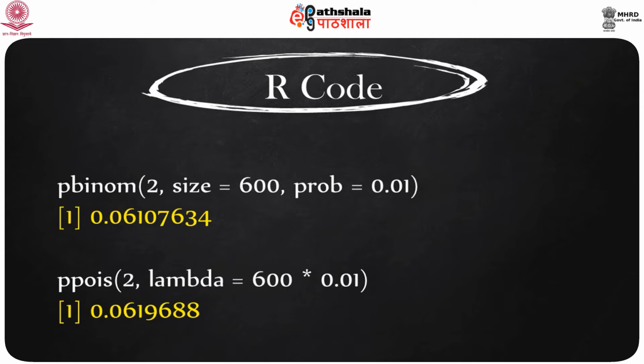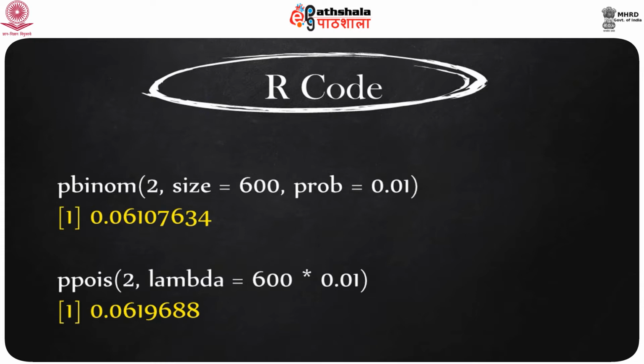Here we are using the command pbinom(2, size=600, prob=0.01), and we get the probability to be 0.06107634, as you can see from the slide as well.